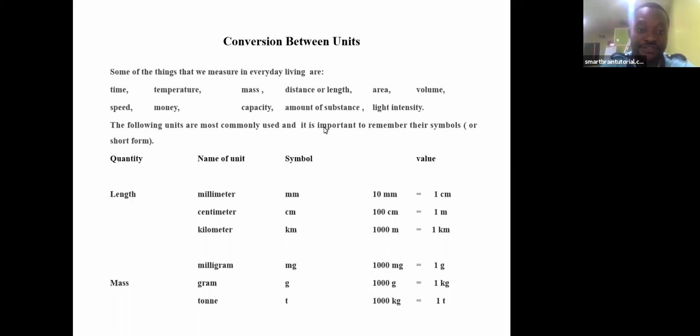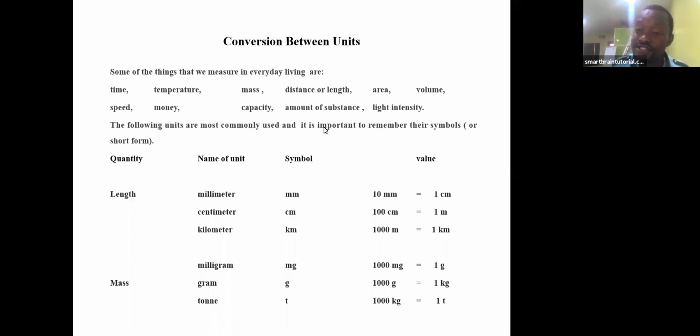Some of the things that we measure in everyday living are, first, we measure time, we measure temperature, we measure mass, which is the weight of an object. We measure distance or length. We measure area. We measure volume.